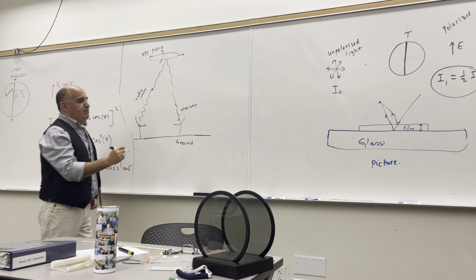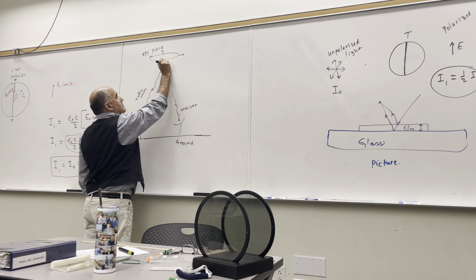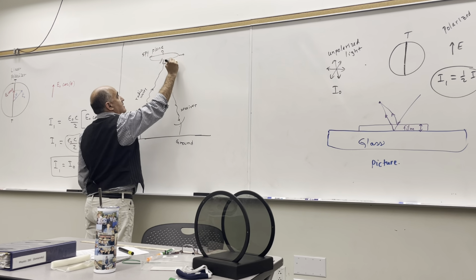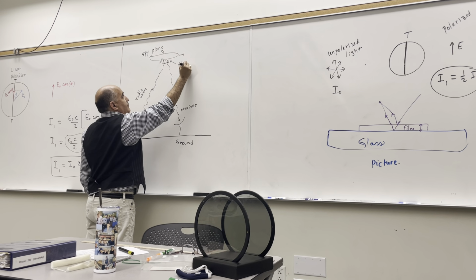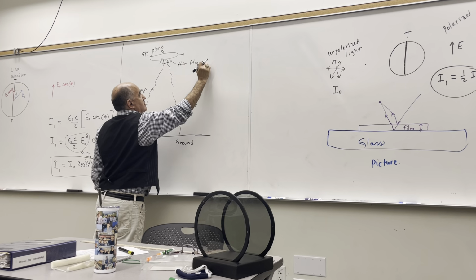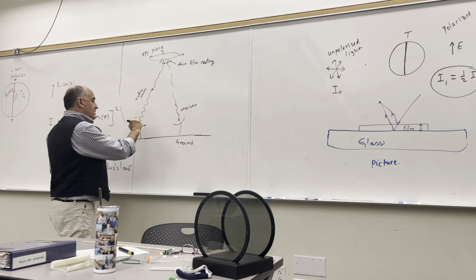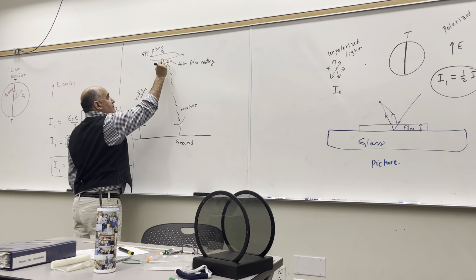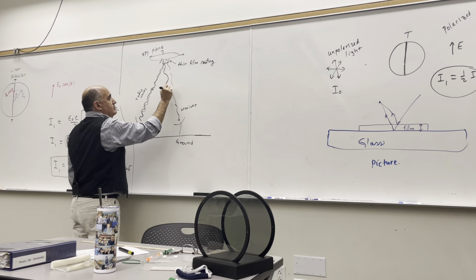But what if you put a coating? I'm exaggerating the film over here, a thin film coating, such that the light comes this way. Part of it reflects from the front surface of the film.